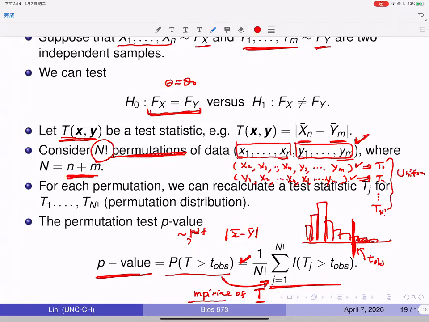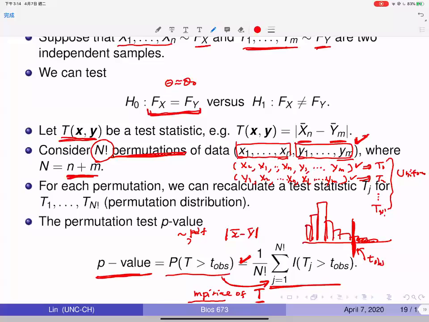No matter how you permute them, no matter how you put them into different slots, they all have the same chance to become each value.